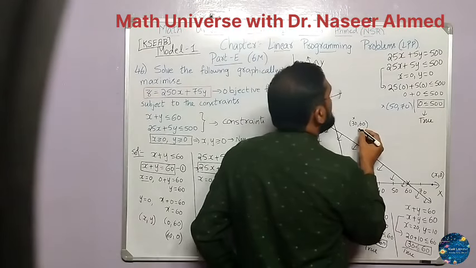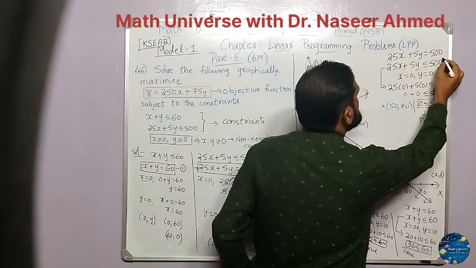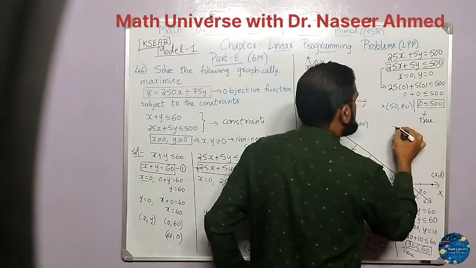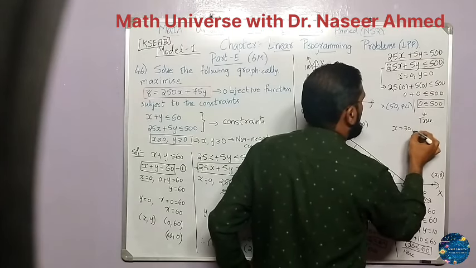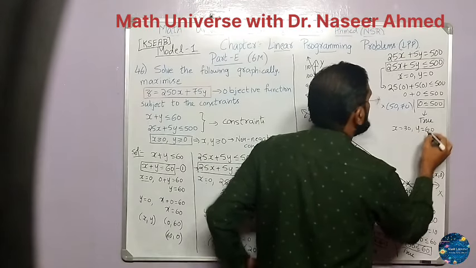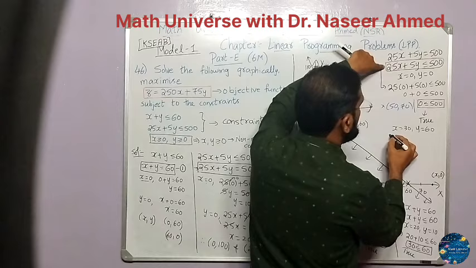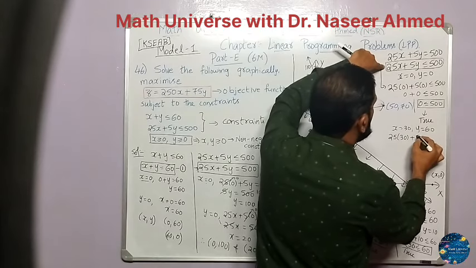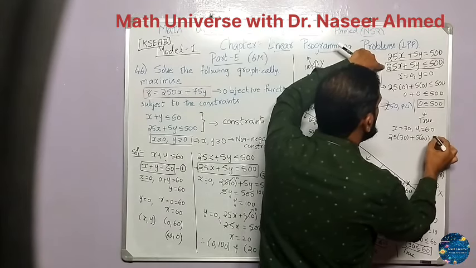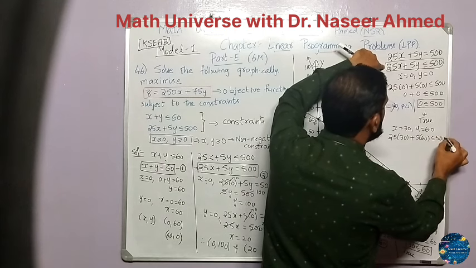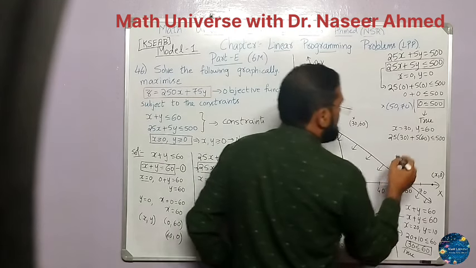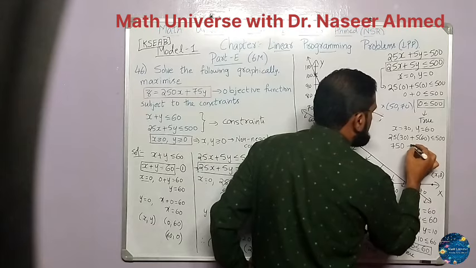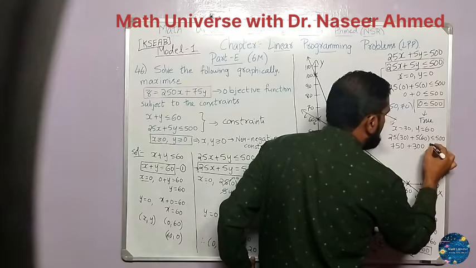Now again, if I substitute in this inequality, x is equal to 30 and y is equal to 60. I'm going to have 25 into 30 plus 5 into 60 less or equal to 500. So multiply: 3 5s are 15, 3 2s are 6, 7, then 1 0; 5 6s are 30 with one more 0.